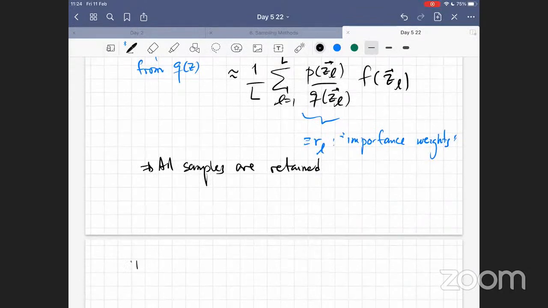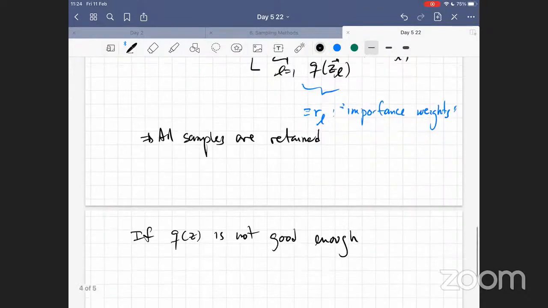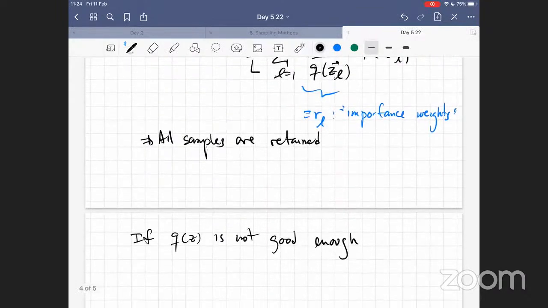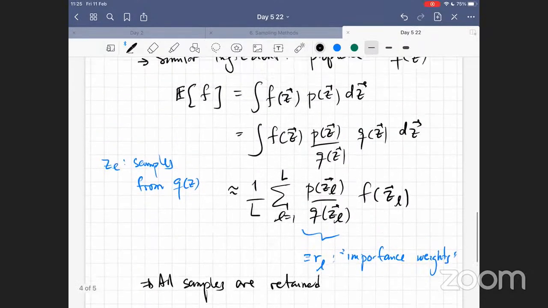If Q of Z is not good enough, then typically many weights are going to be close to 0. Why is this?